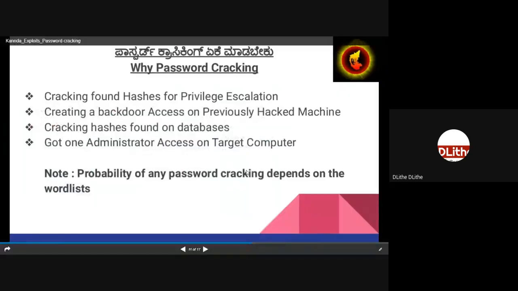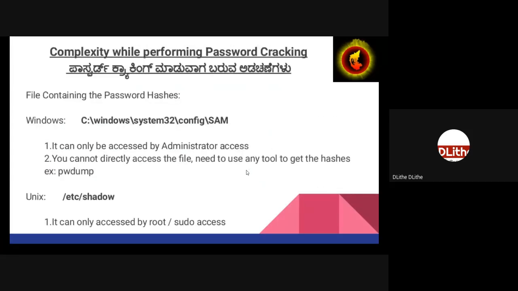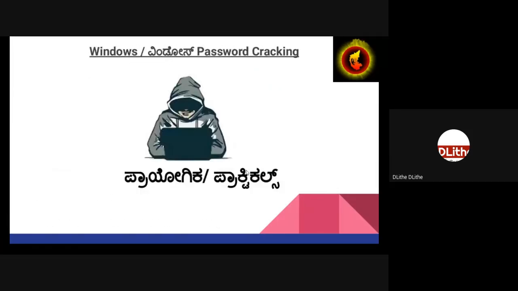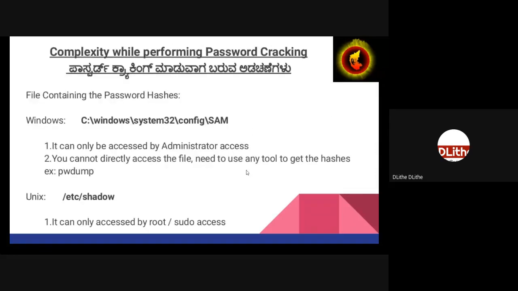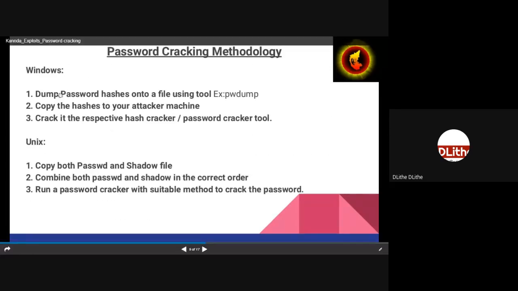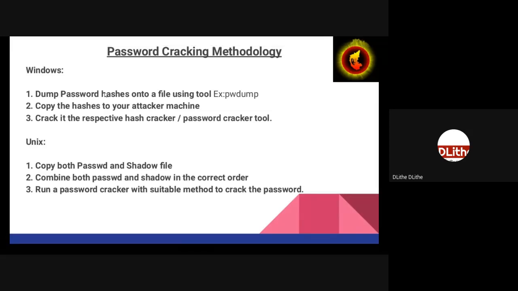Let us see how a Windows password can be cracked, and then let's go for Linux passwords. The process is always the same. In Windows, the file which contains the password hash is not a text file, so you will require a tool to dump the hash.